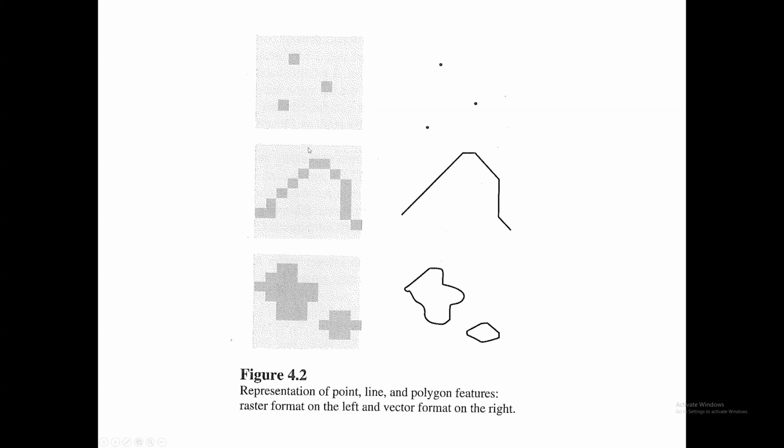One of the things is, again, this idea that rasters have a set resolution. On the right you've got these vector types. You've got points, lines, and polygons, and on the left is a raster representation of those. So even though this point may be infinitely small, in a raster environment, it'll fill up the whole grid cell where that point occurs.